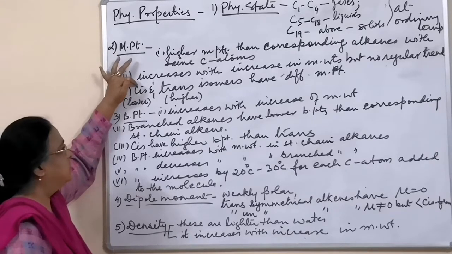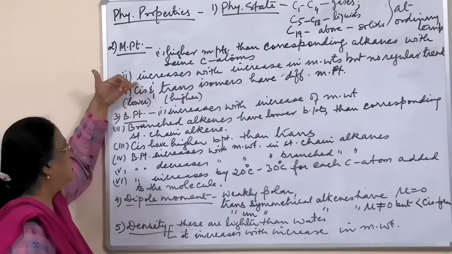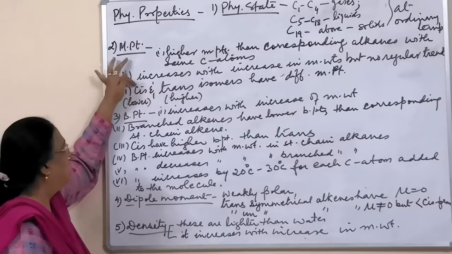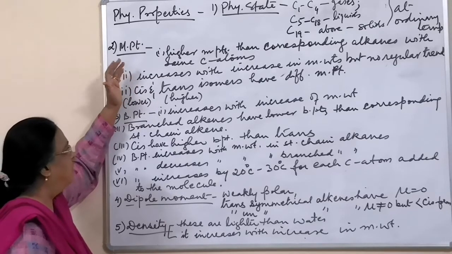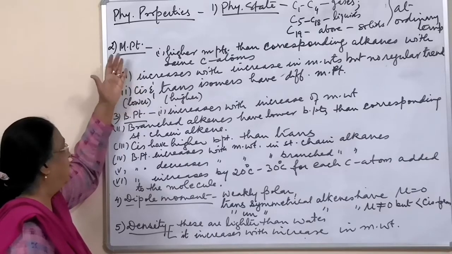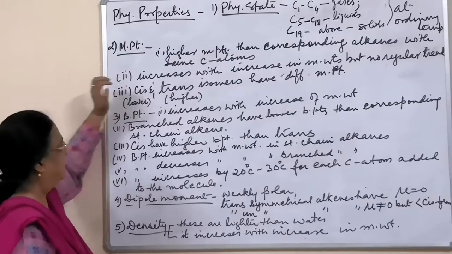Melting point increases with increase in molecular weight, but there is no regular trend. Third, cis and trans isomers have different melting points. If cis and trans forms, the structure is the same, or you can say the molecular formula will be the same, but the cis form will have a lower melting point and the trans form will have a higher melting point.